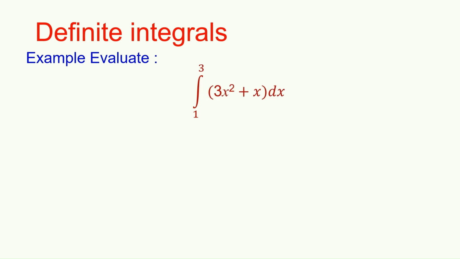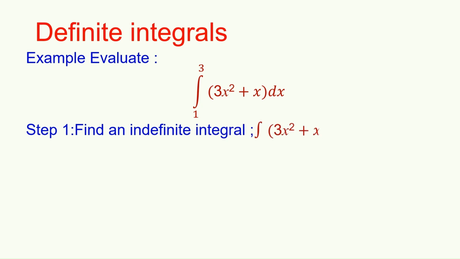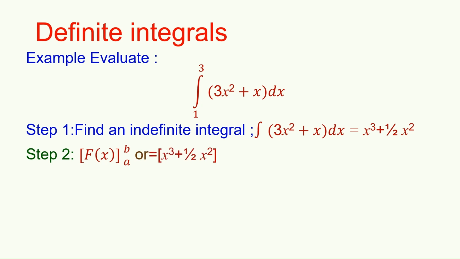Example: evaluate the integral of 3x squared plus x with respect to x from 1 to 3. Step 1. Find an indefinite integral of f(x), or the indefinite integral of 3x squared plus x dx equals x cubed plus 1/2 x squared. Step 2. Write it in square brackets from 1 to 3, or equals x cubed plus 1/2 x squared in square brackets from 1 to 3.